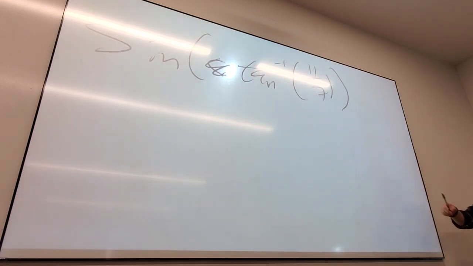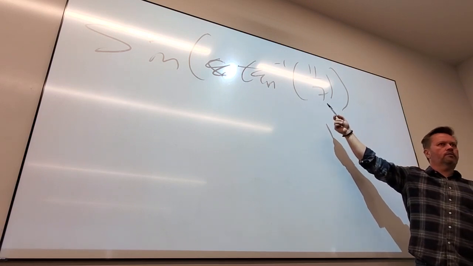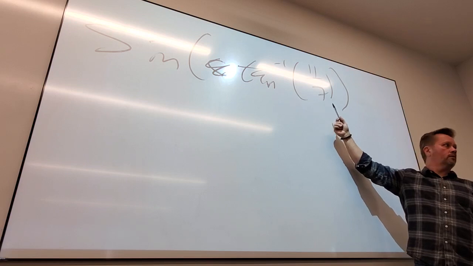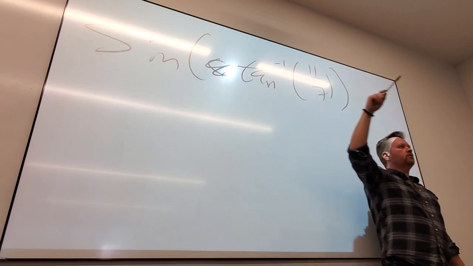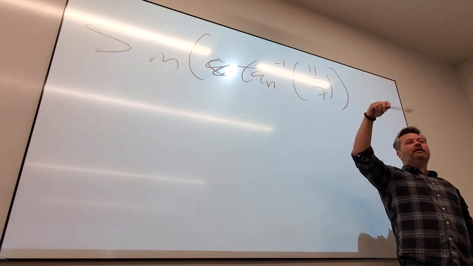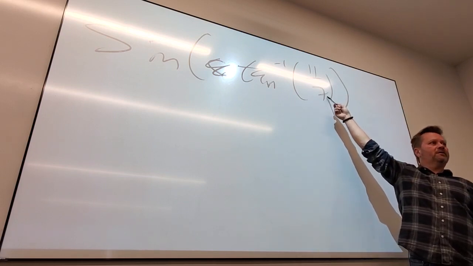Okay. How do I do that problem? What can I draw from this? Triangle. So, inverse trig is an angle that lives in a triangle that I know stuff about.